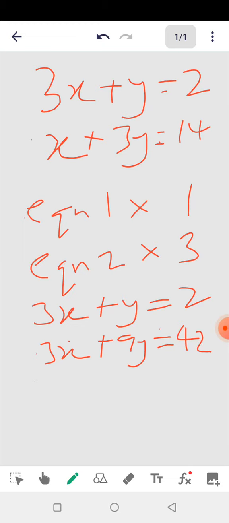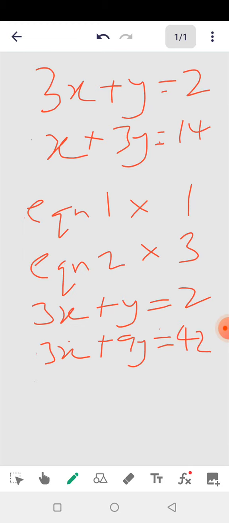Okay. Now it will be very easy to eliminate x because they both have the same value and the same sign. So guys, remember we can either use equation 1 minus equation 2 or equation 2 minus equation 1. Now if you don't like having a negative answer when you solve, then your best option will be equation 2 minus equation 1.